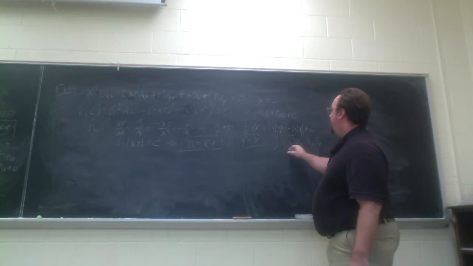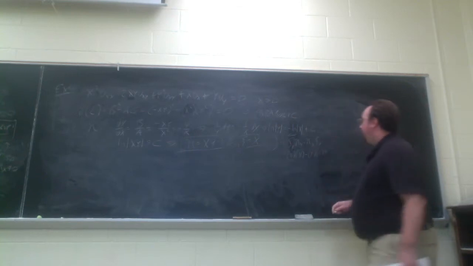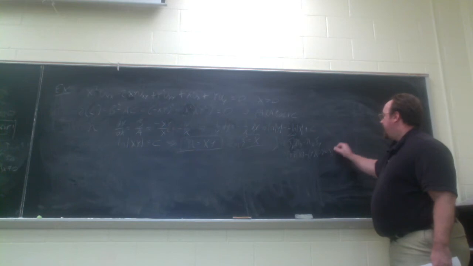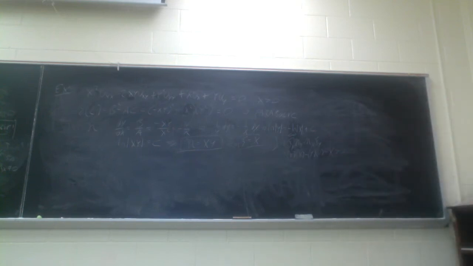So let's see, cx is 1, eta y is x, eta x is y, and cy is 0. So I worked all that out, and I get x, which in this case is positive, because we're restricting to that part of the domain. So we do have a non-singular coordinate change.